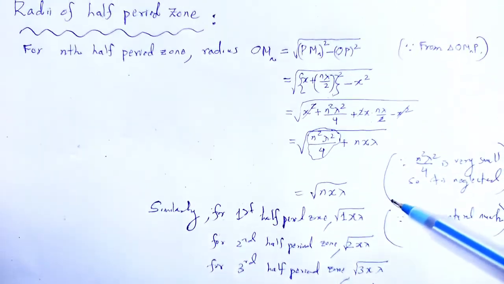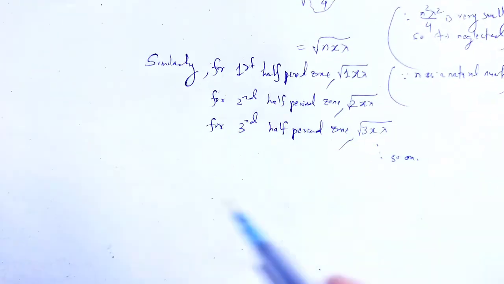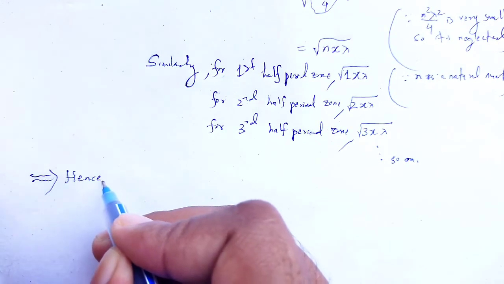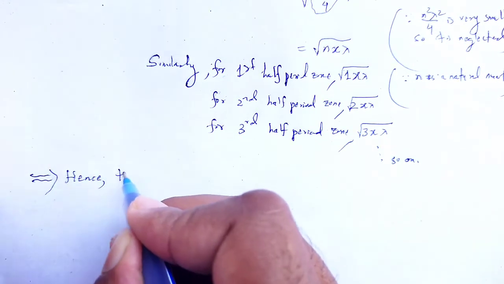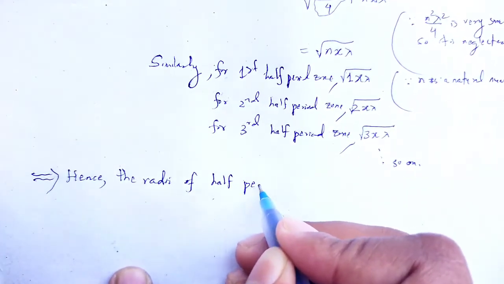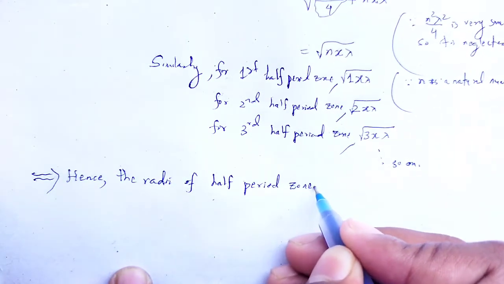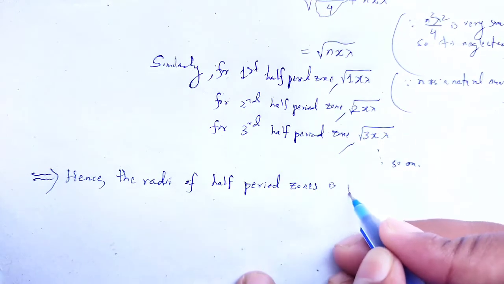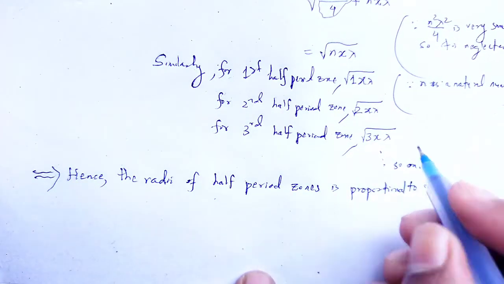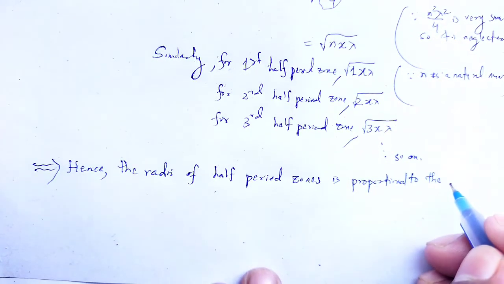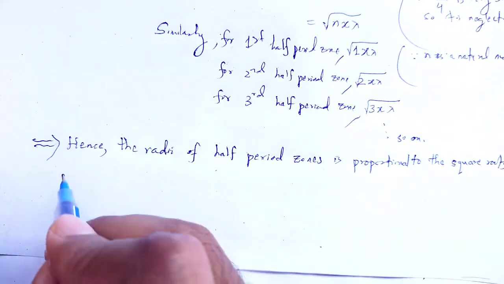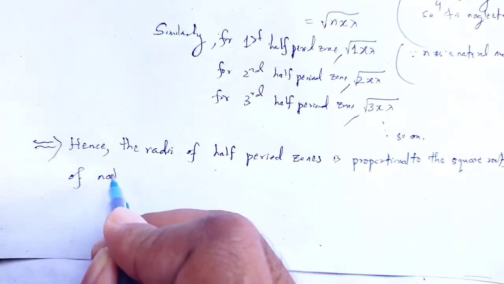From that expression, we conclude that the radii of half period zones is proportional to the square roots of natural numbers.